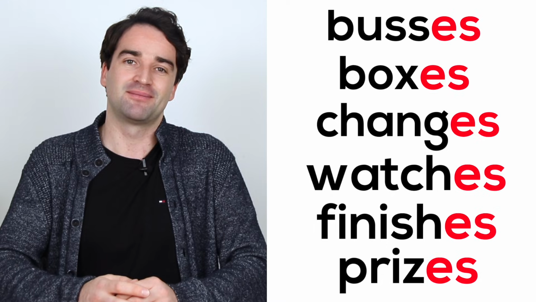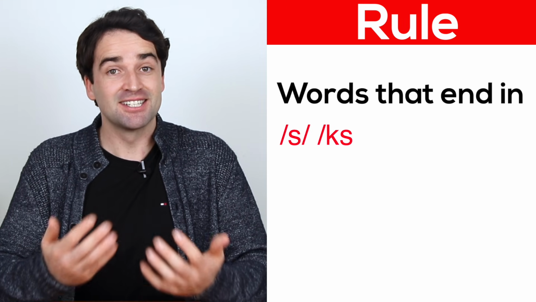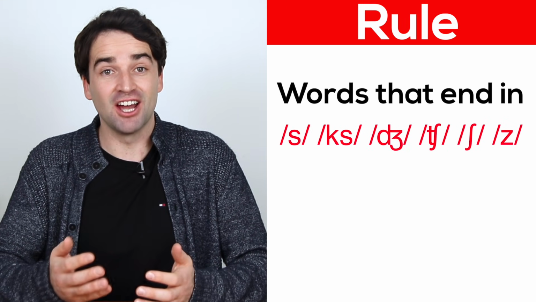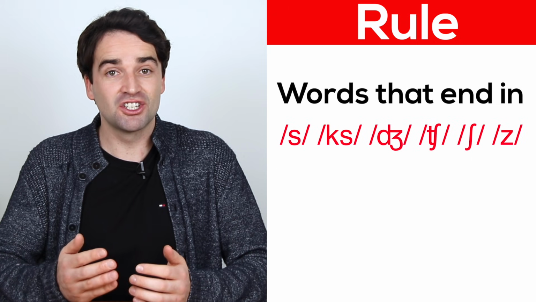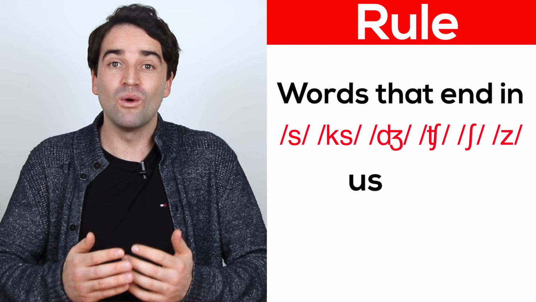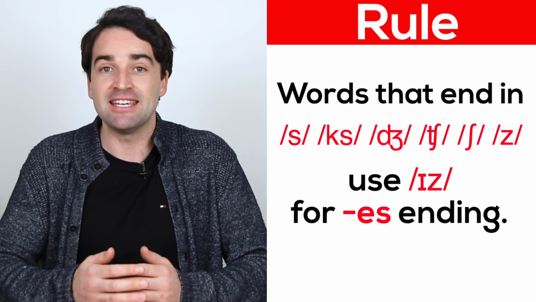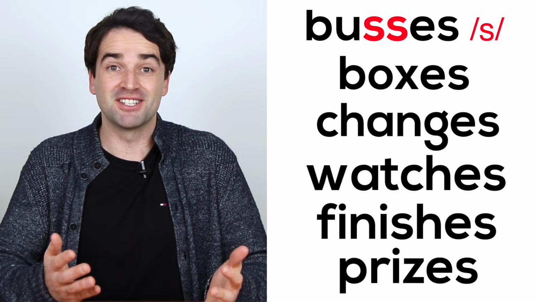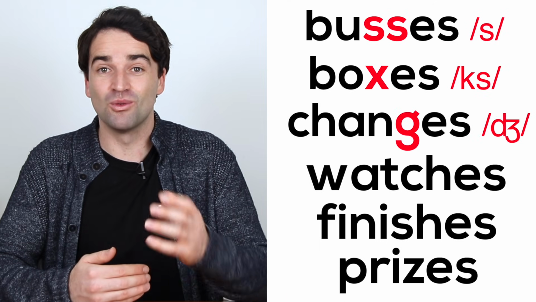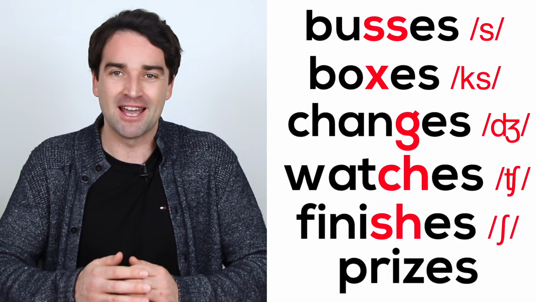Well, yes, there is. Words that end in S, X, J, Ch, Sh, and Z always use the iz pronunciation for words ending in the ES spelling. Buses, boxes, changes, watches, finishes, prizes.